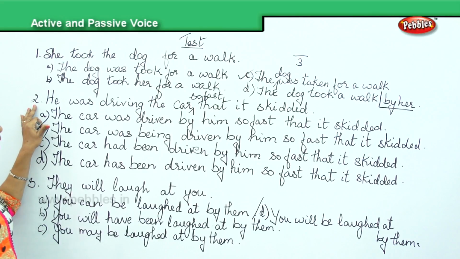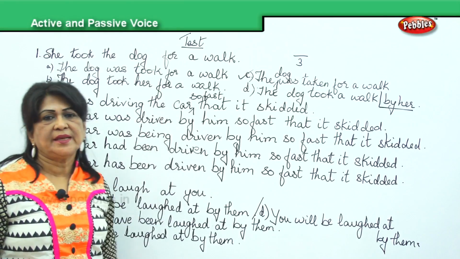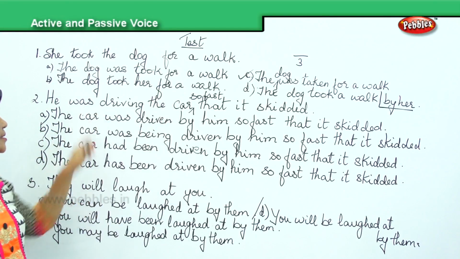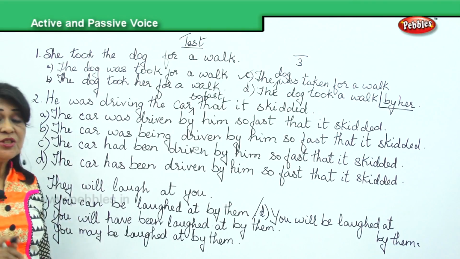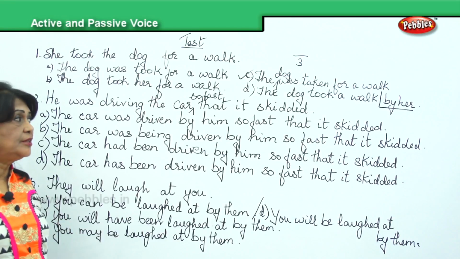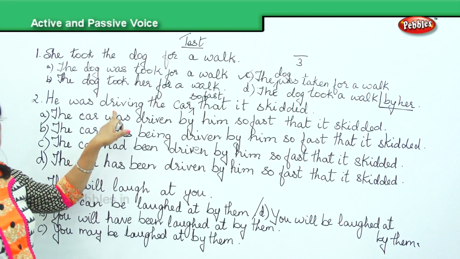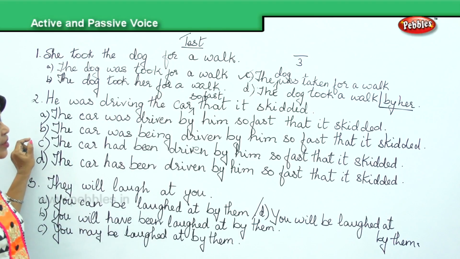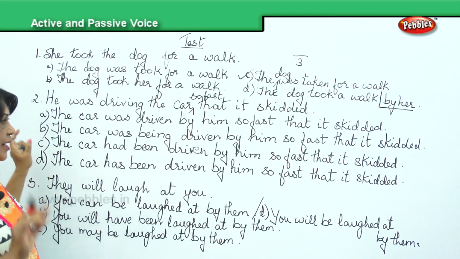He was driving the car so fast that it skidded. Was driving. What tense is that? It is continuous tense. Past continuous tense. Driving. Continuous or progressive tense. Now let's see. What is the rule that I gave you? Okay, let's see.